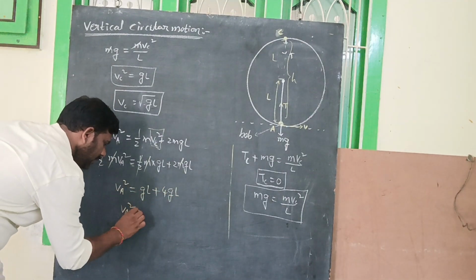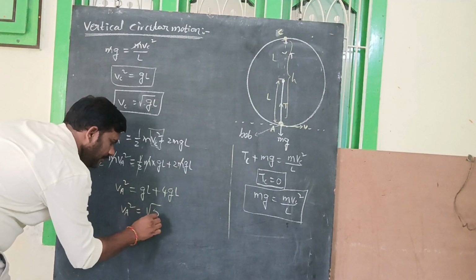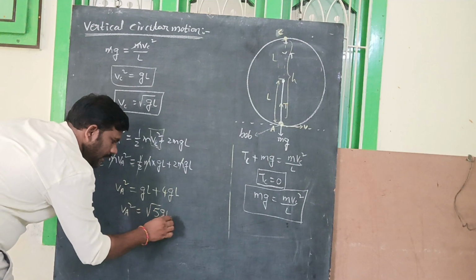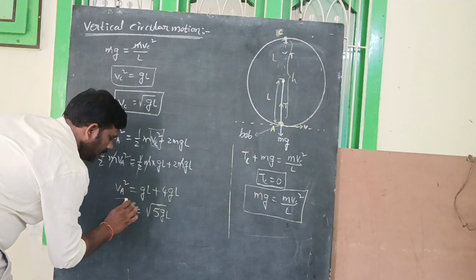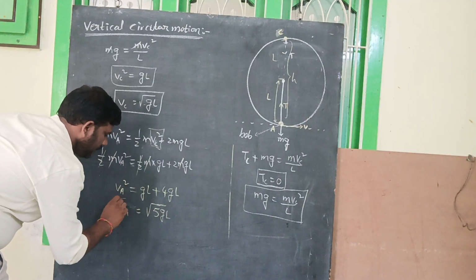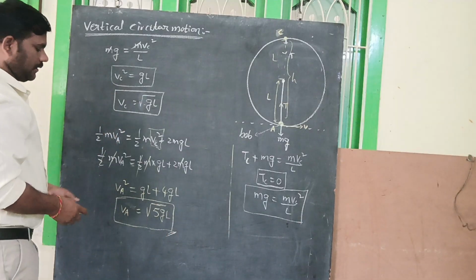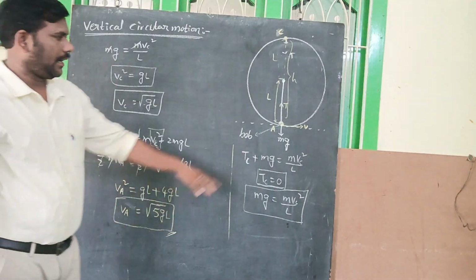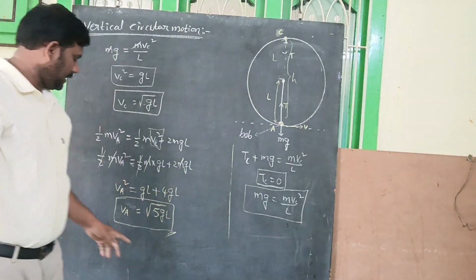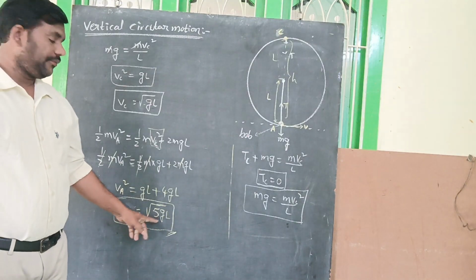Then v_A is equal to the square root of 5gL. So this is the velocity at point A, the lowest point, in vertical circular motion.